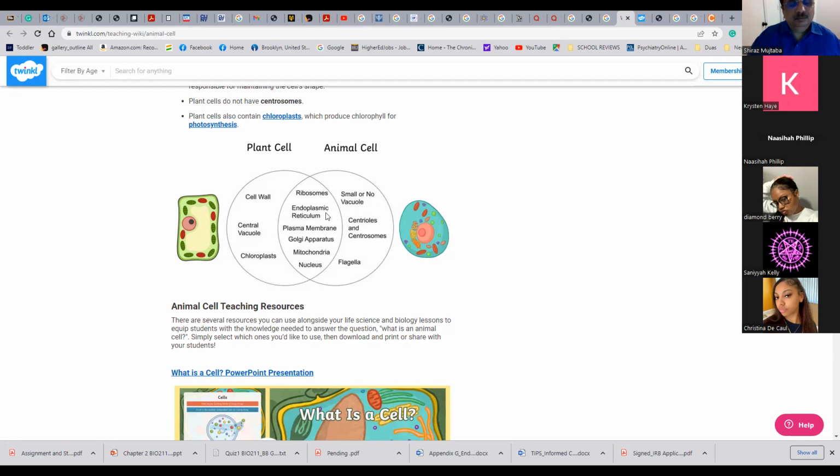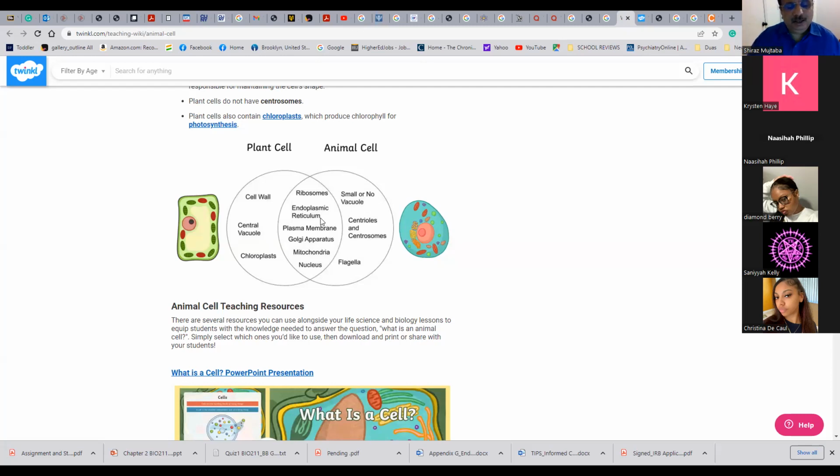Another organelle that is common between plant and animal cells is the endoplasmic reticulum. This endoplasmic reticulum is actually of two types: smooth endoplasmic reticulum and rough endoplasmic reticulum. The smooth endoplasmic reticulum is mainly involved in lipid biosynthesis.